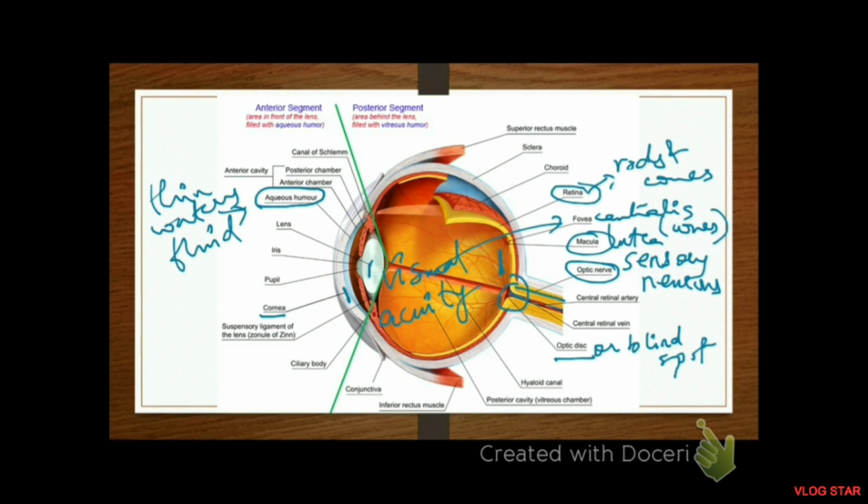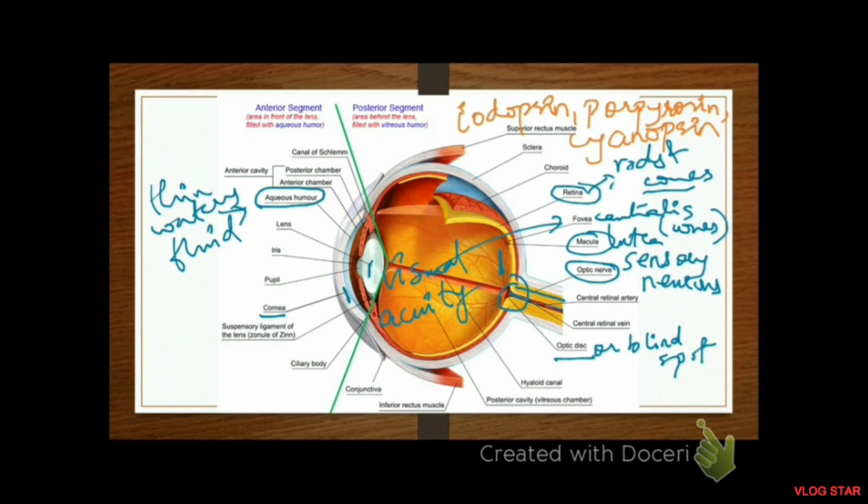This Fovea Centralis is a yellowish spot comprising xanthophyll. Cones also contain certain pigments: iodopsin, which corresponds to green color, and two other pigments, porphyropsin and cyanopsin, which correspond to red and blue color respectively.